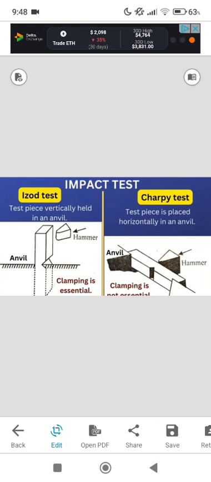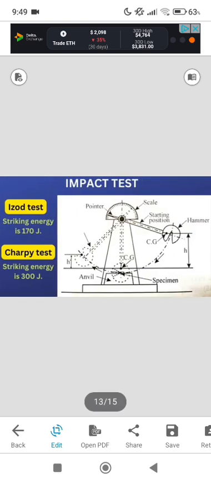Clamping is very essential in the Izod test because the sample is placed vertically. In the Charpy test, the workpiece is placed horizontally in the anvil. Clamping is not essential there, but the V notch is placed opposite to the hammer impact. This is the second difference between Izod and Charpy.